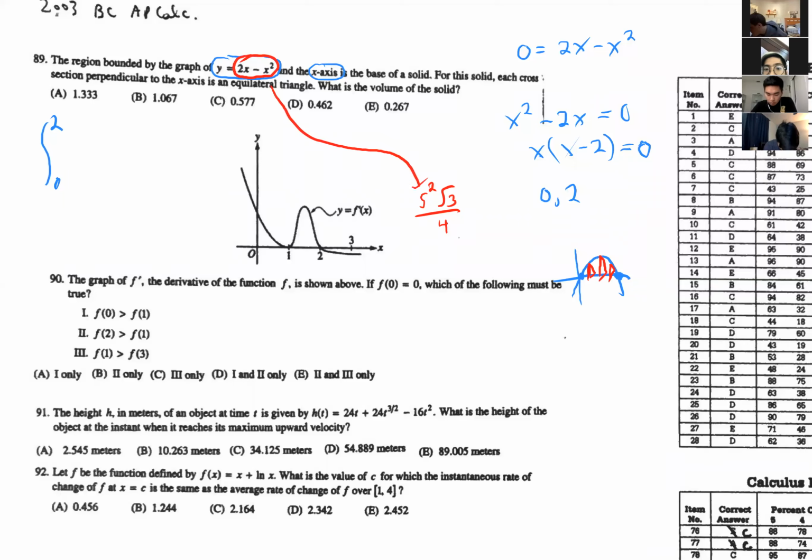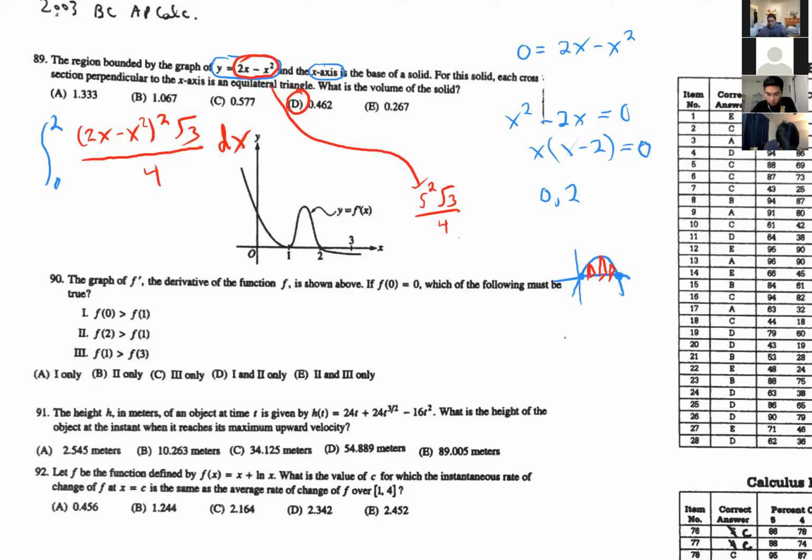So it's going to be 2x minus x squared, and then I'm going to square that, times radical 3 over 4, with respect to x. Just plug this into your calculator, and that'll give you the volume. So you plug this into your calculator, it's going to be letter D.